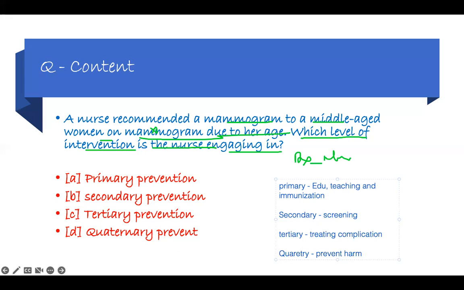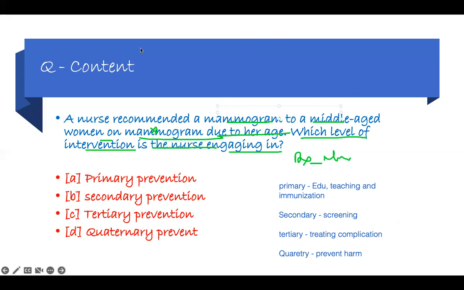So I'm breaking the question down into a content level. Then I go back and say, all they're asking you is the definition of this, but they don't tell you. They give you a bunch of words, and you're like, what? They ask which level of intervention the NCLEX is engaging. The last portion of this question gives it away. If I said go get a mammogram, then I'm telling you that is a screening process.